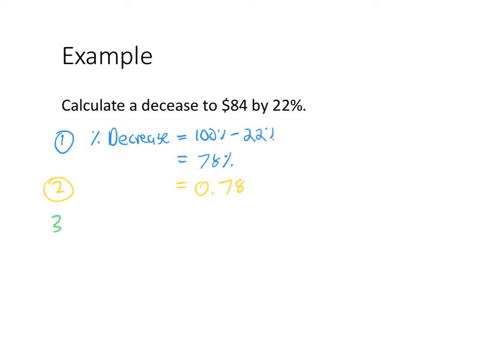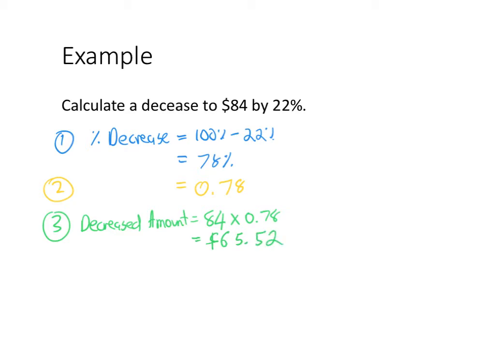Now that we've got that decimal amount, we can calculate our decreased amount, and that is going to equal our original amount of 84 times our 0.78 decimal amount. And our answer is going to equal $65.52.